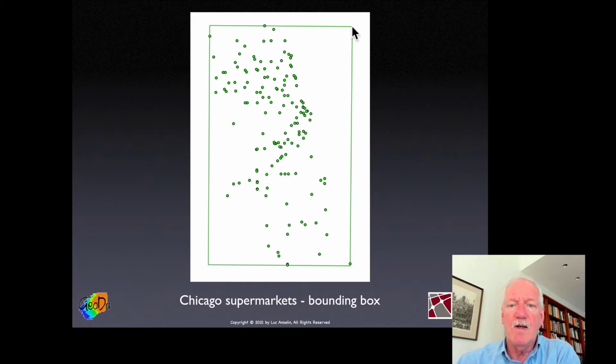Then here on the upper right corner, we have the maximum of x, the rightmost point, as well as the maximum of y. So this rectangle is the bounding box, and now we're going to measure intensity as the number of points relative to the area of this bounding box.